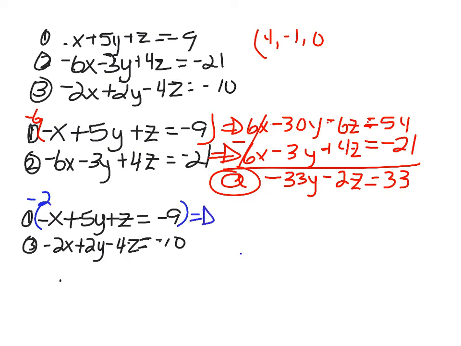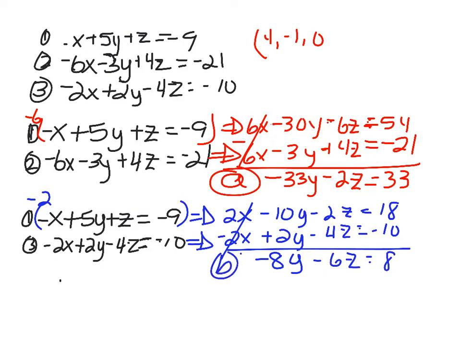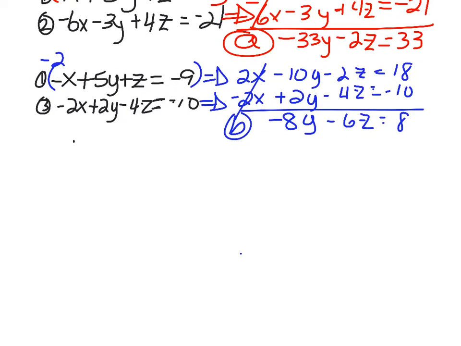So when I multiply by negative 2, I get positive 2x minus 10y minus 2z equals positive 18. I'm going to keep the bottom equation the same, negative 2x plus 2y minus 4z equals negative 10. And together the x's cancel, so I get negative 8y minus 6z equals positive 8. And this is going to be equation B.